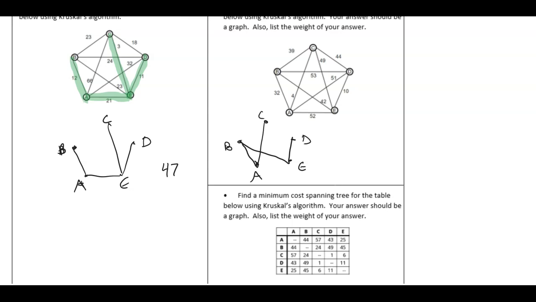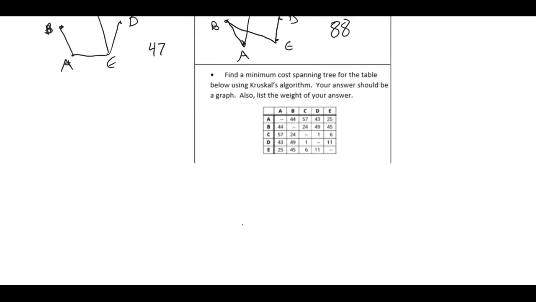And it is the first time it's a connected graph, and the weight is 88. The bottom one, your picture should be like this. And the weight, the cost of that minimum cost spanning tree is 56.